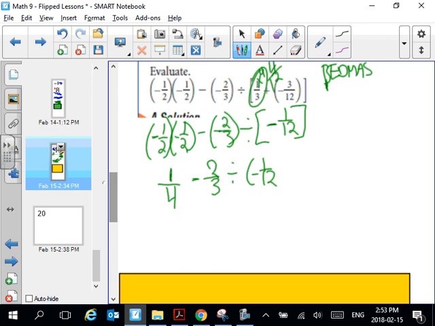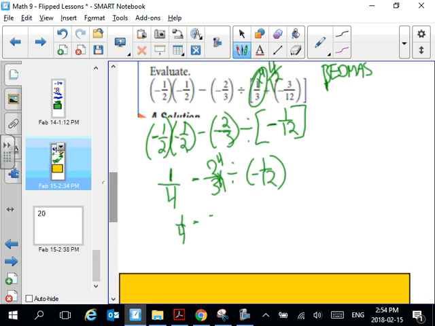So next up, I have to deal with my division and multiplication. So I have 1/4 minus, now I've got 2/3 divided by negative 1/12. So I'm going to multiply both of these by 4 again. So now I get 8/12 divided by negative 1/12.